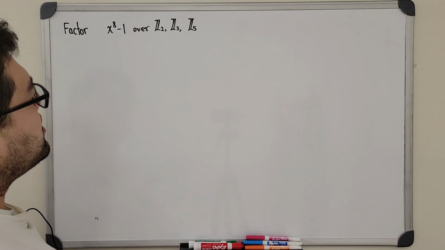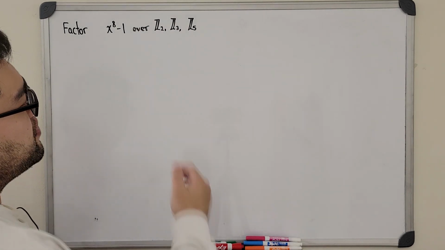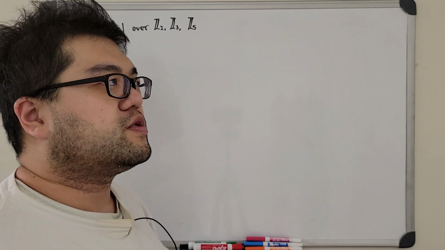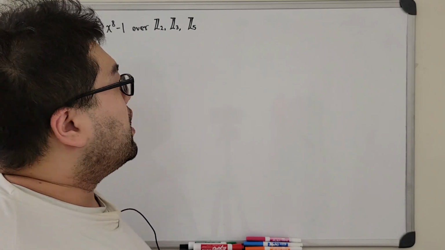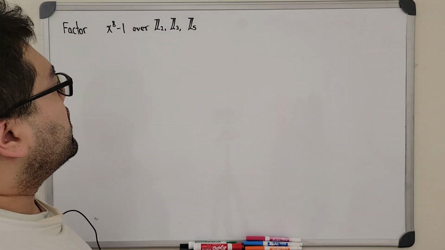So, in fact, we have Z2, Z3, and Z5, which are not only rings but also known as fields in abstract algebra. But what does it really mean?